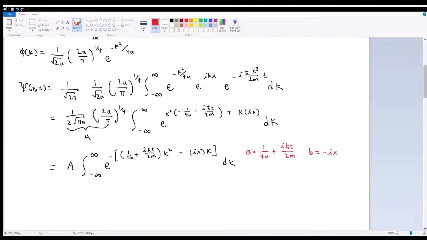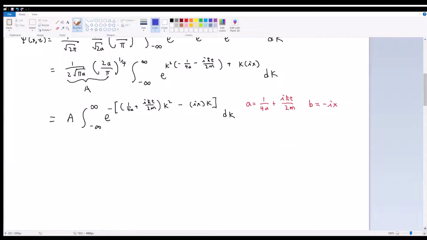So now we have to do the whole y substitution. I'm going to write this in blue. We're going to let y equal the square root of a times x plus b over 2a.